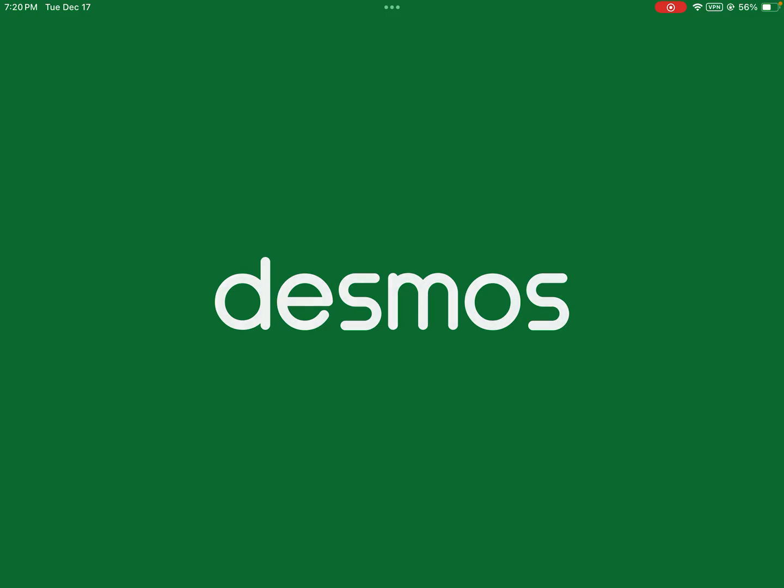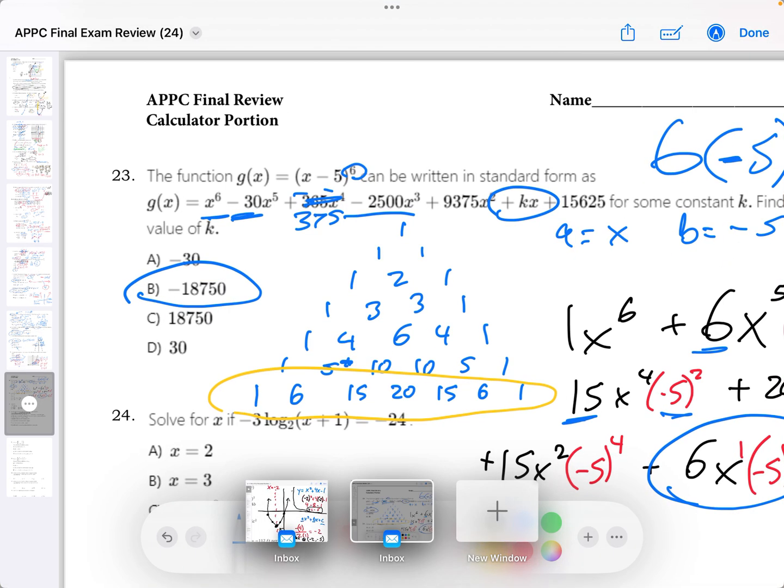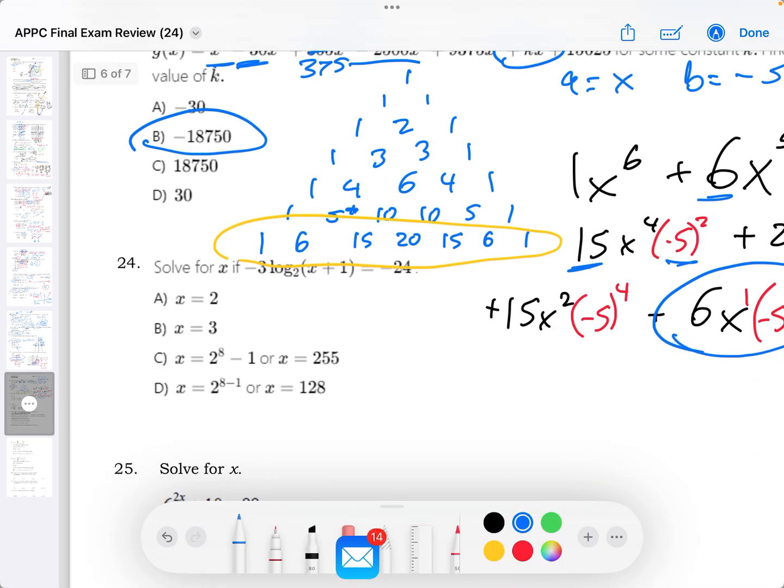I would go to Desmos, and I will go 6 times -5 raised to the 5th power, and it would give me that -18,750. But again, with the beauty of multiple choice, if I knew it was a really big negative number, that would have been enough for me to be able to defeat multiple choice on my own right there.